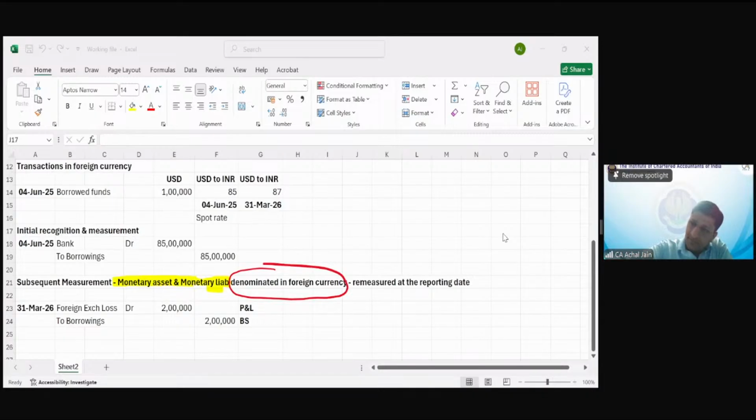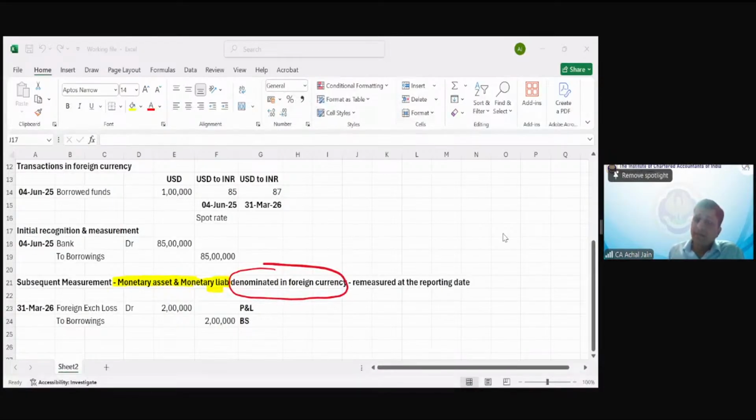Borrowing account debit to bank. No, it will be to foreign exchange gain. So the impact will be taken to P&L. There's no repayment, so that's why you can't credit bank, right?